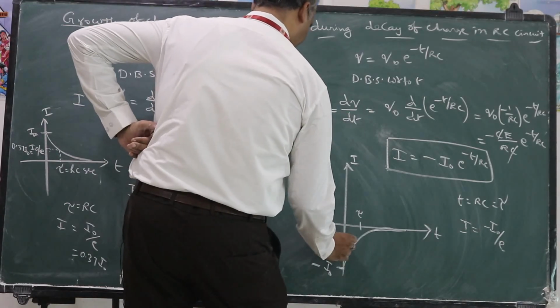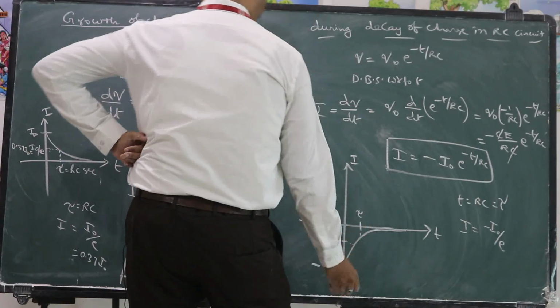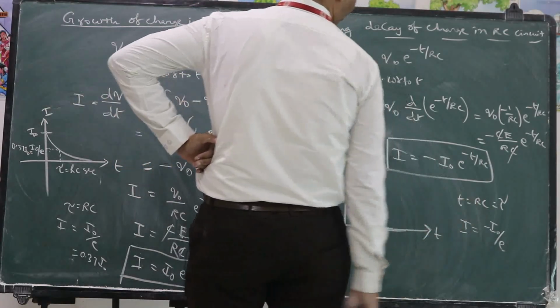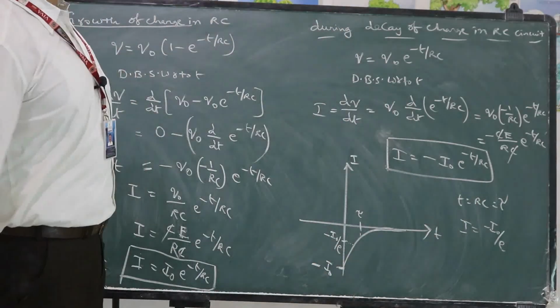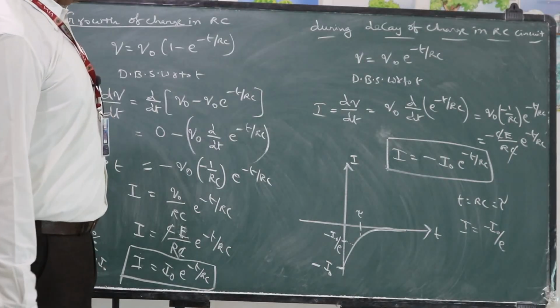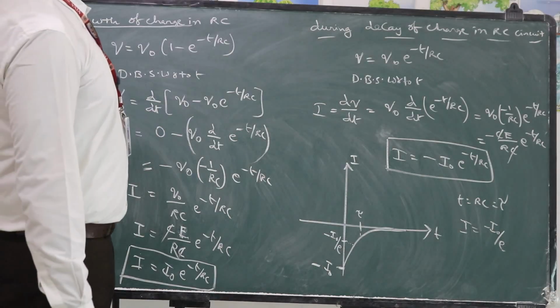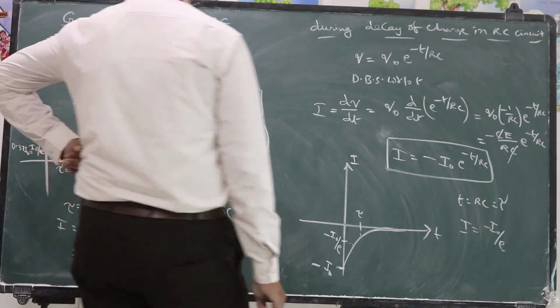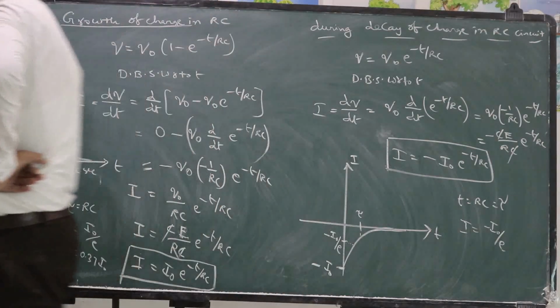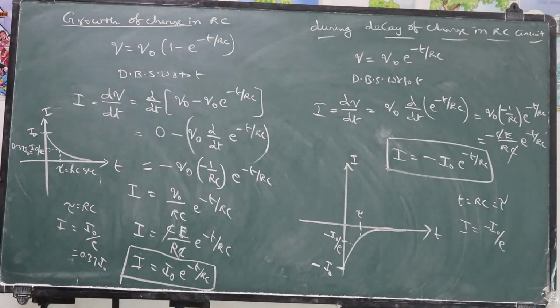So again you can define the time constant like this. The time taken by the circuit to decrease its current value to 1 by e times of its maximum value is called the time constant of the circuit.